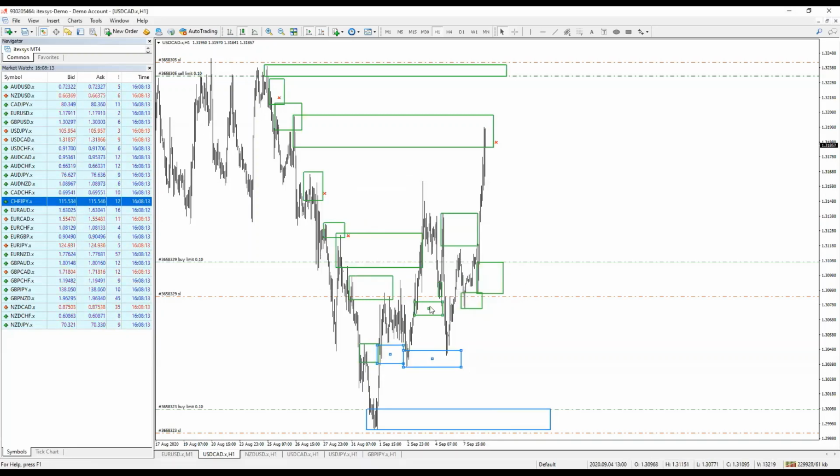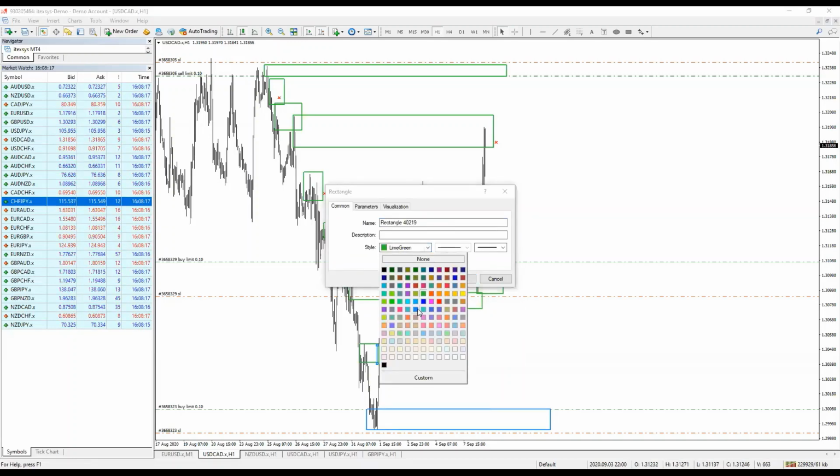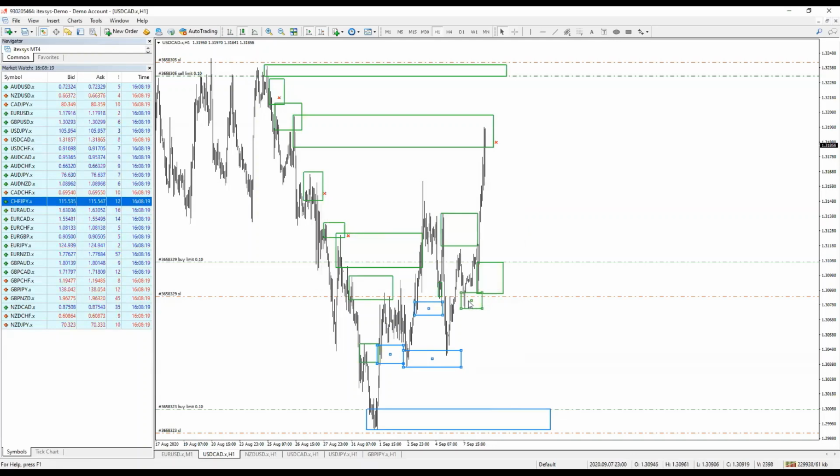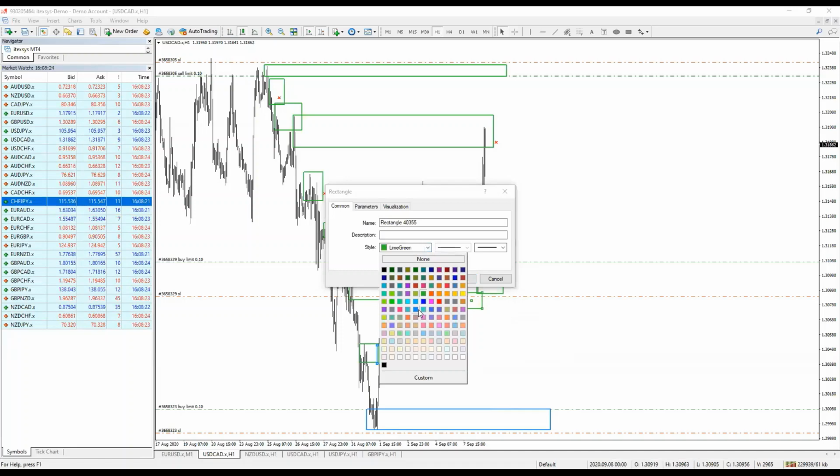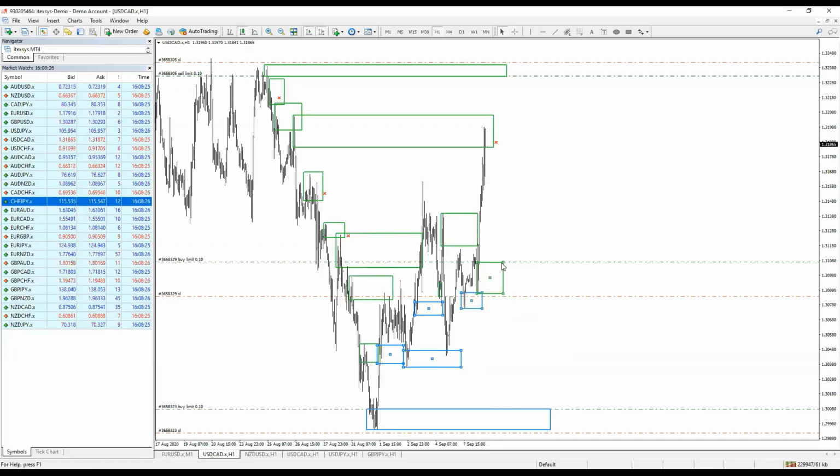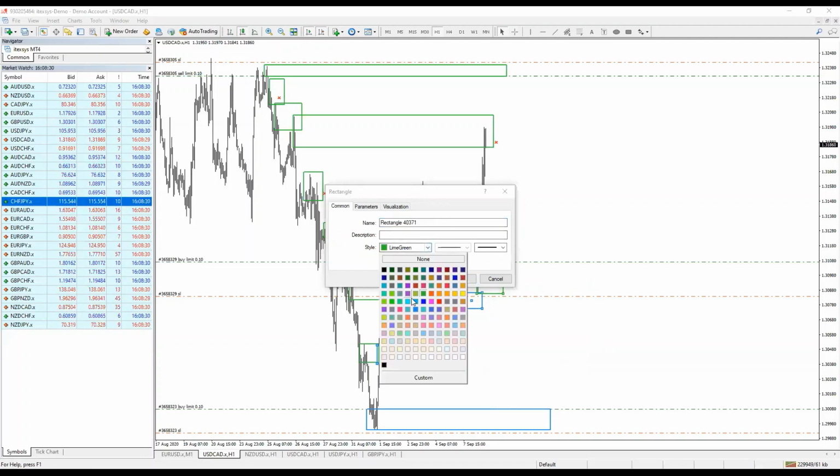Here is more demand. We'll pick blue. Two more, and let's not waste too much time on this.